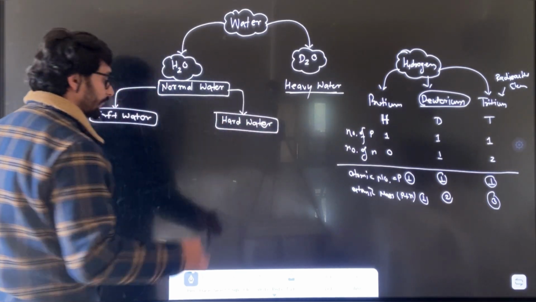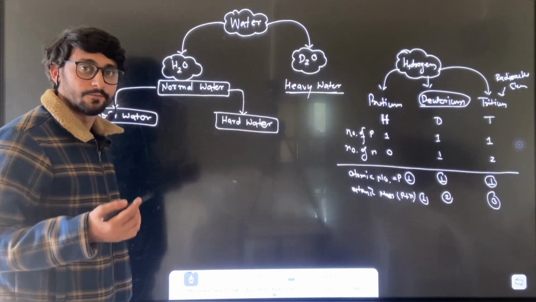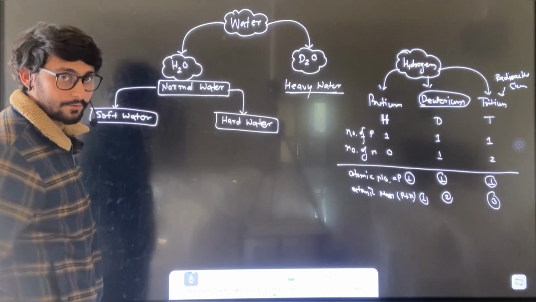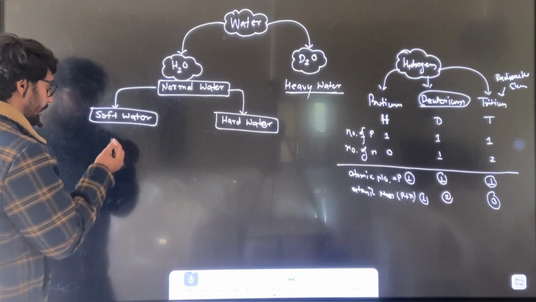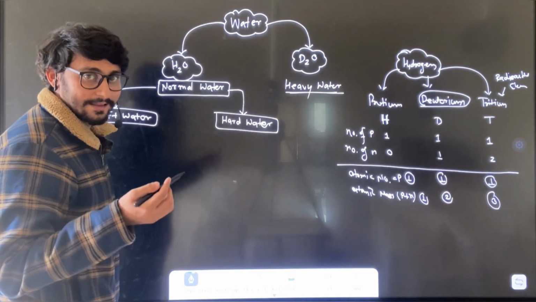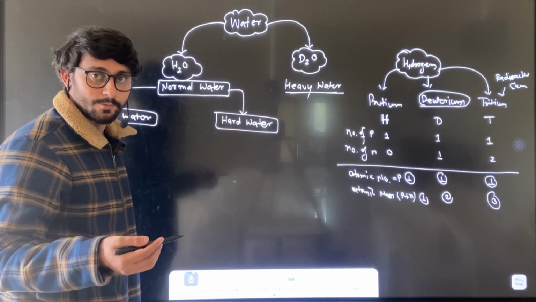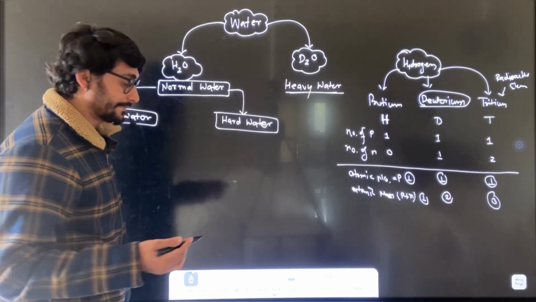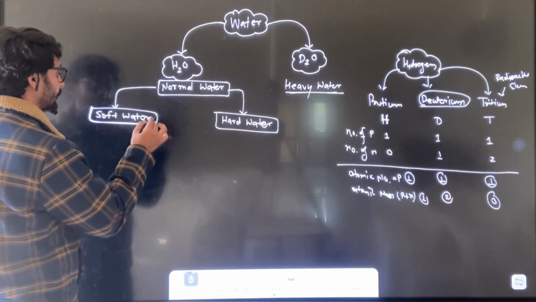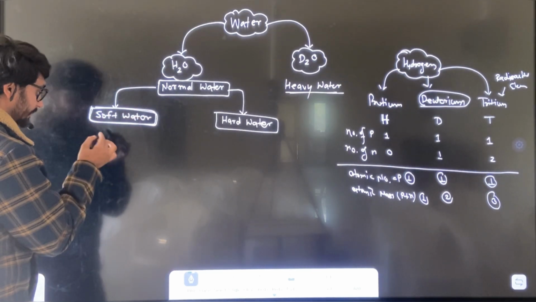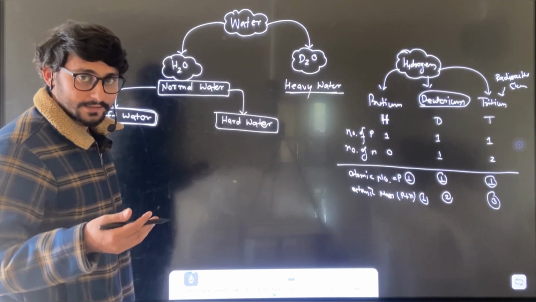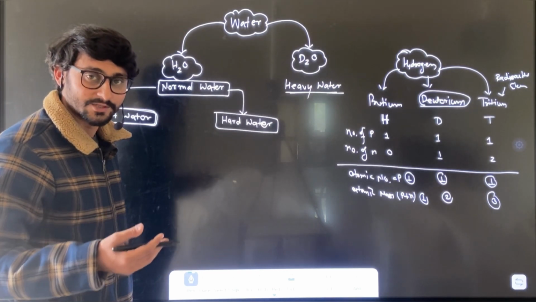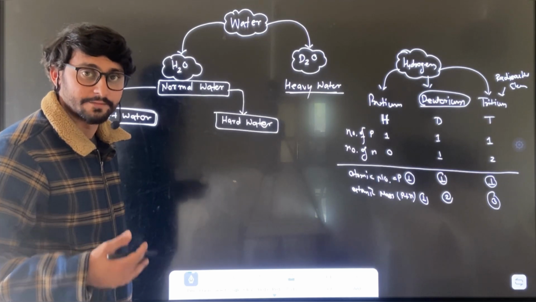On the basis of the salts dissolved in water, we can classify normal water into soft water and hard water. If water has no dissolved salts like calcium and magnesium bicarbonate, calcium and magnesium sulfate, and calcium and magnesium chloride, then this type of water is known as soft water, right? So these salts are absent.